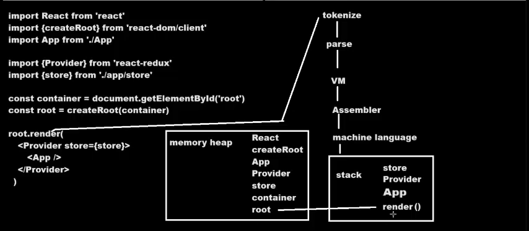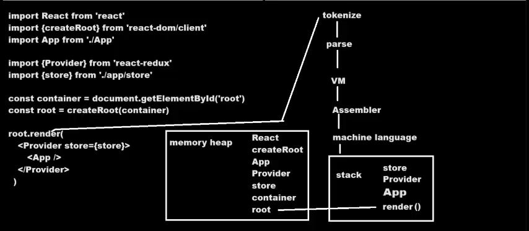And here it is, first push on the stack render. After that push app, after that provider, after that store. And recursive, last in, first out: store goes out first, finished, created.